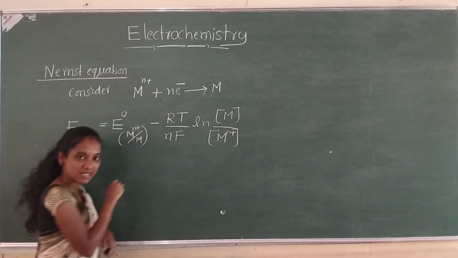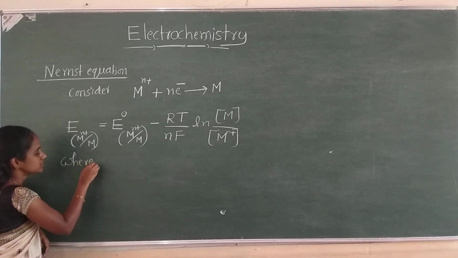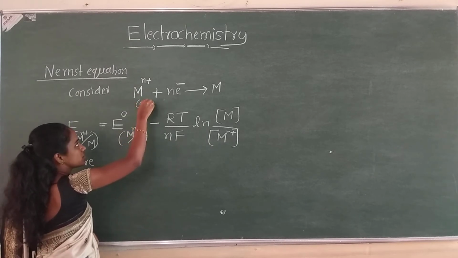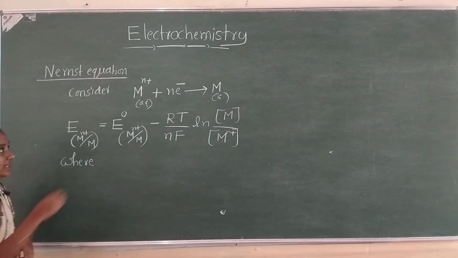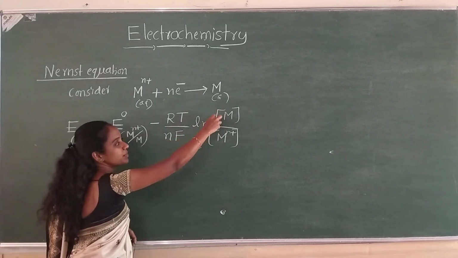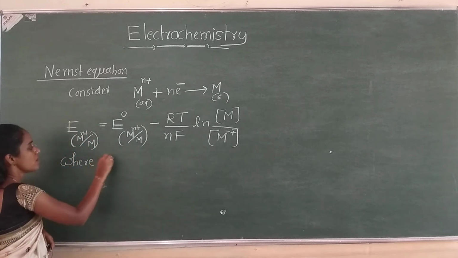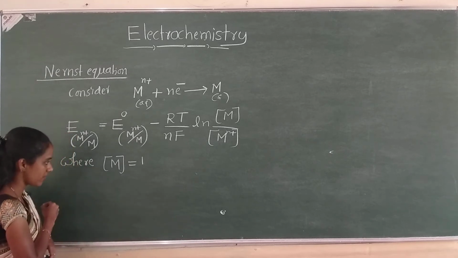So this is the Nernst equation, where the ion is in aqueous or solution state and the metal is in solid form. The concentration of the metal in solid form is taken as unity, let it be 1.